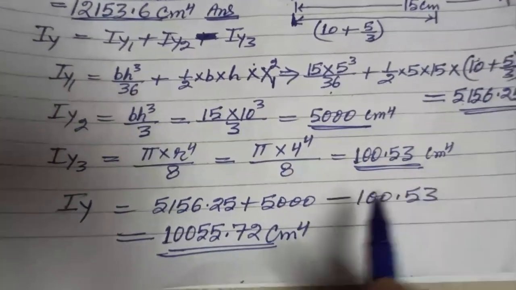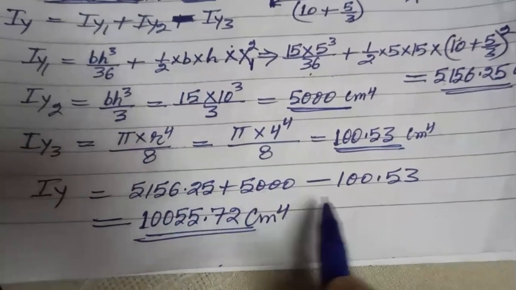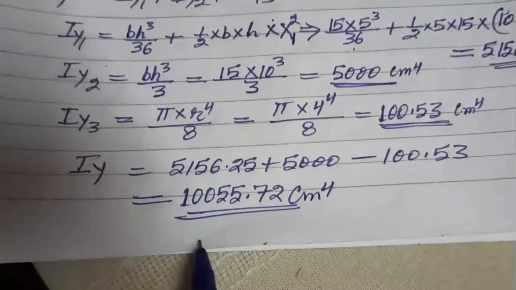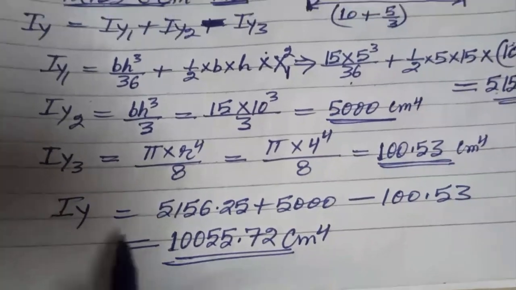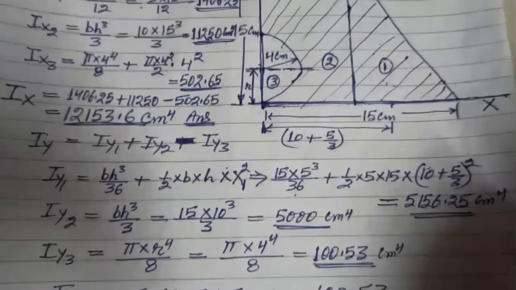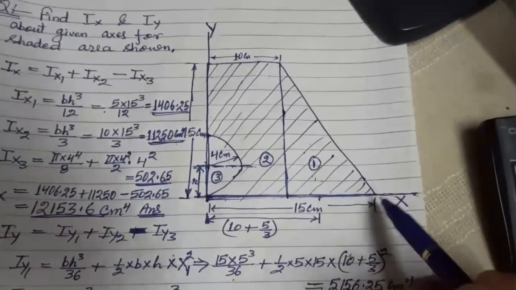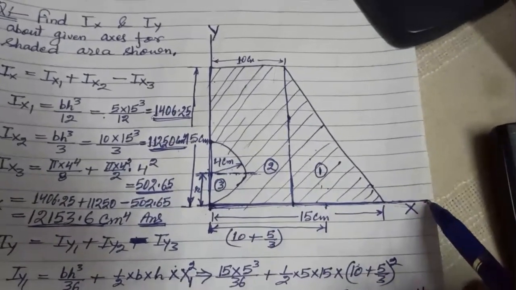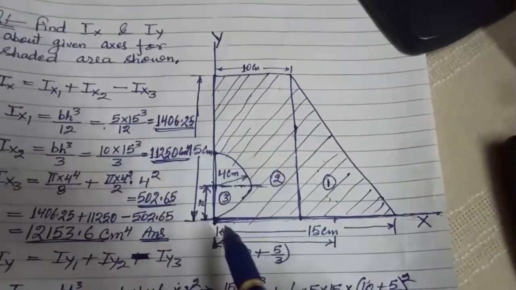So now adding the first two and minus the third, this will be the value of Iy. Like this we can find the values about the x axis and about the y axis.